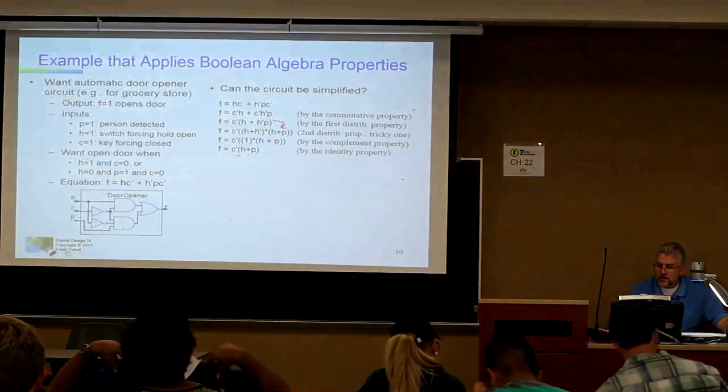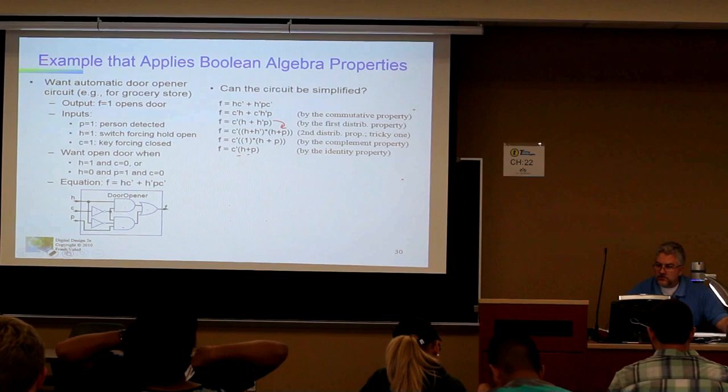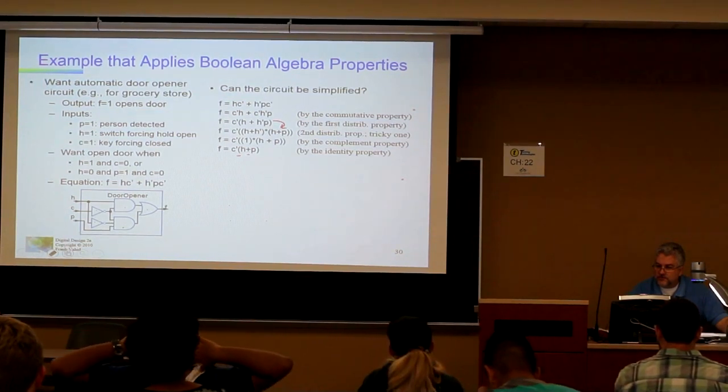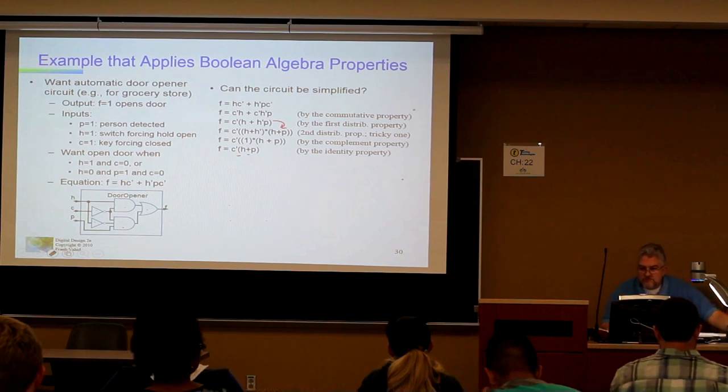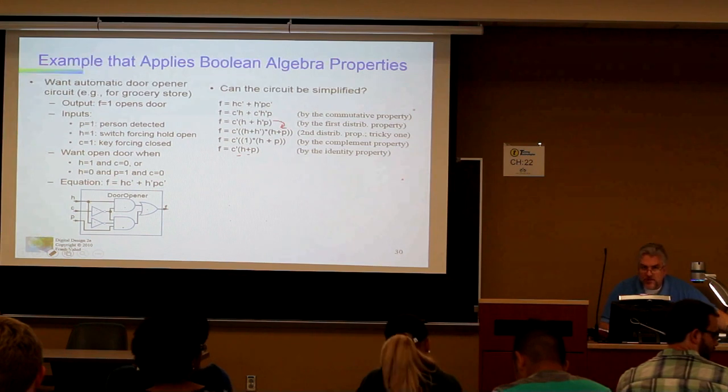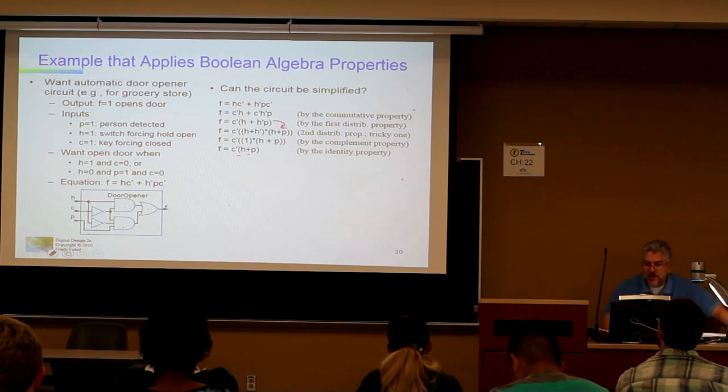But it says and. Oh, did I do this incorrectly? Ooh, I'm going to have to look at this one and let me think about this for a little bit.